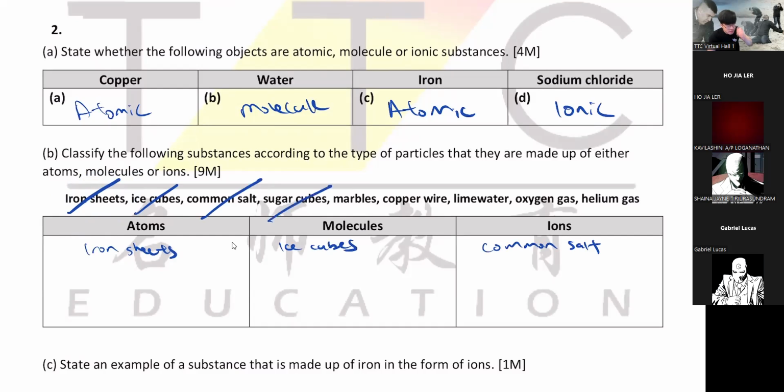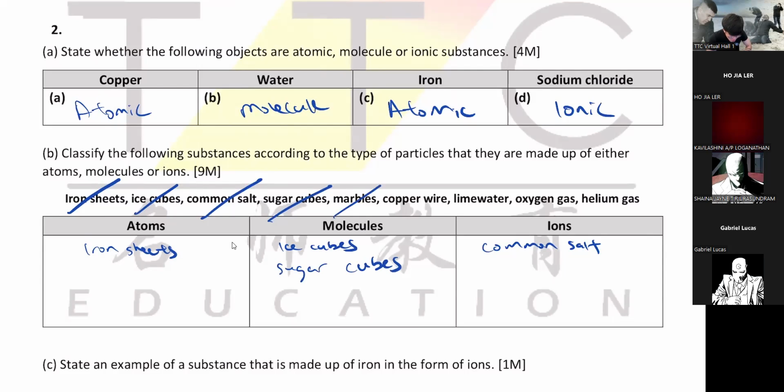Sugar cube. Sugar cube is a molecule, right? Inside sugar has no metal. You don't eat metal, do you? So you don't have iron, metal in your sugar.